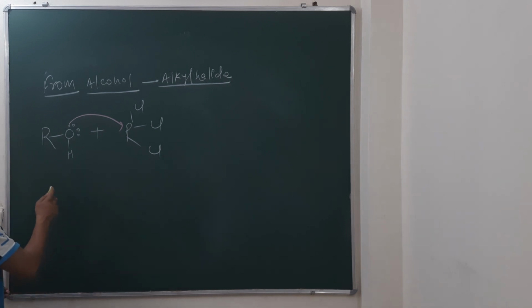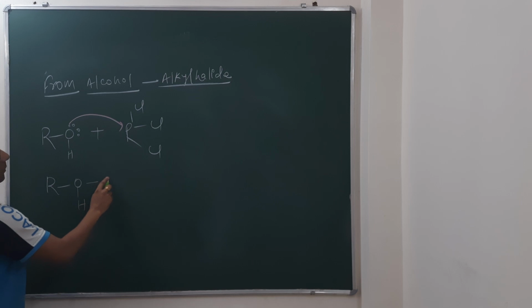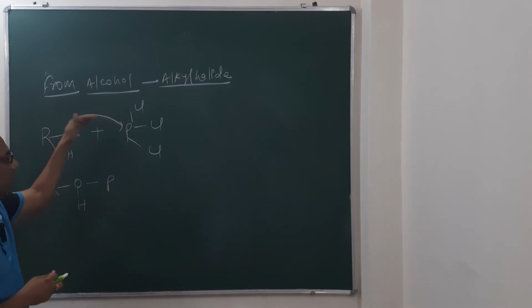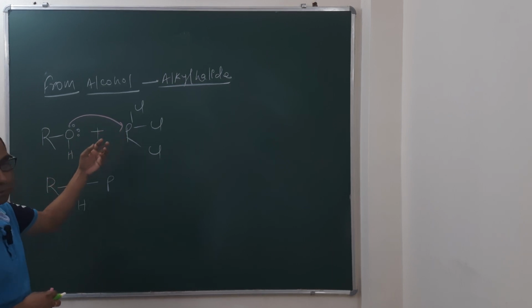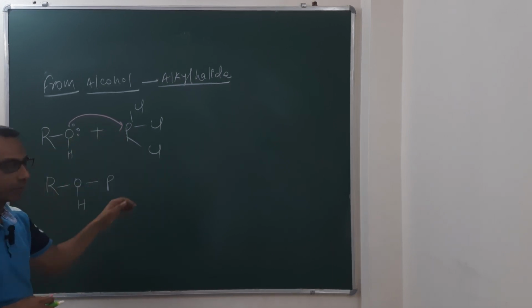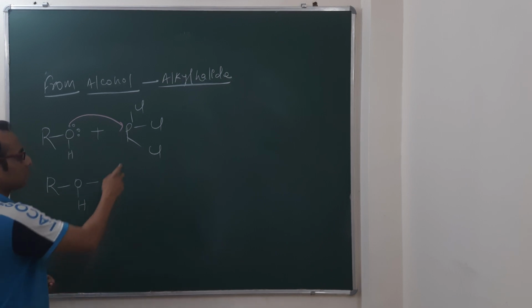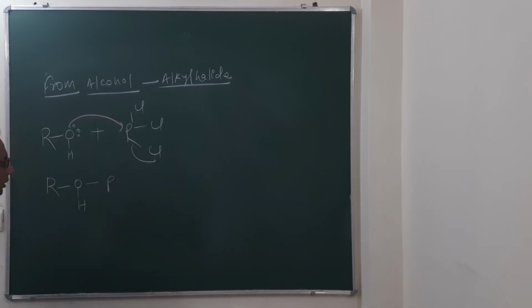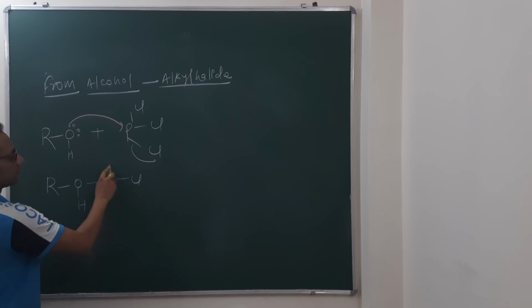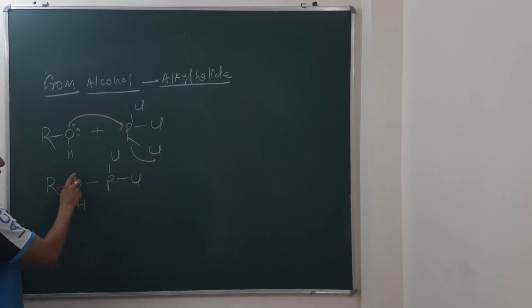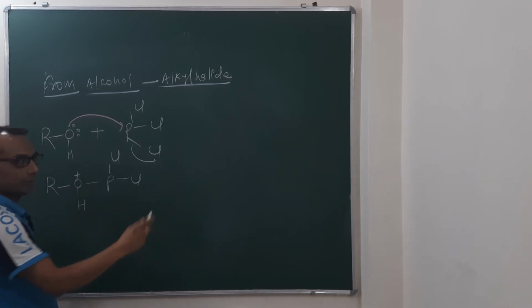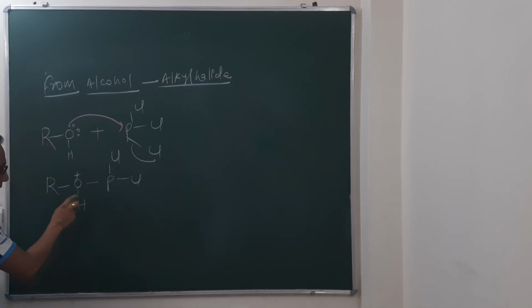So that will form R, O, H, P, and as soon as oxygen reaches the phosphorus, at the same time one chlorine will leave its position. So now there is a positive charge on oxygen, and one chlorine has left, because three bonds on oxygen is not stable.